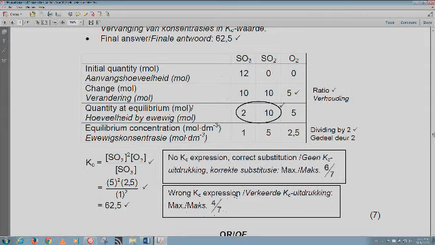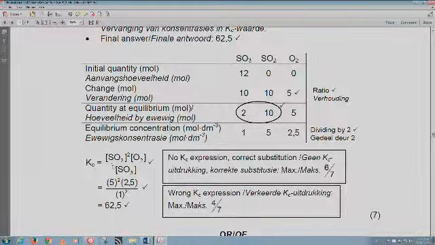When we say wrong Kc expressions, colleagues, we don't say if the learner used round brackets there. We say, for example, if the learner swapped the reactants and the products, for example, say the concentration of SO3 squared divided by the concentration of SO2 squared multiplied by the concentration of oxygen. That is a wrong Kc expression.